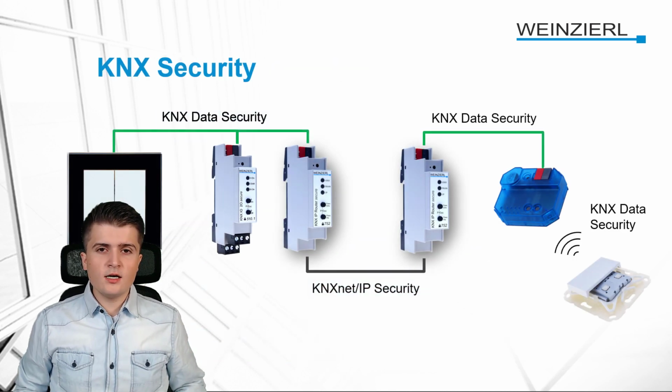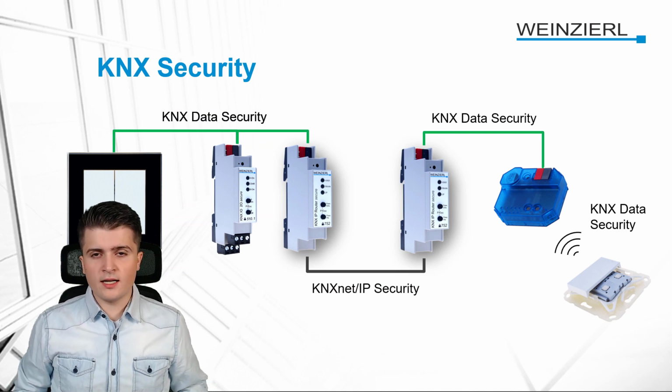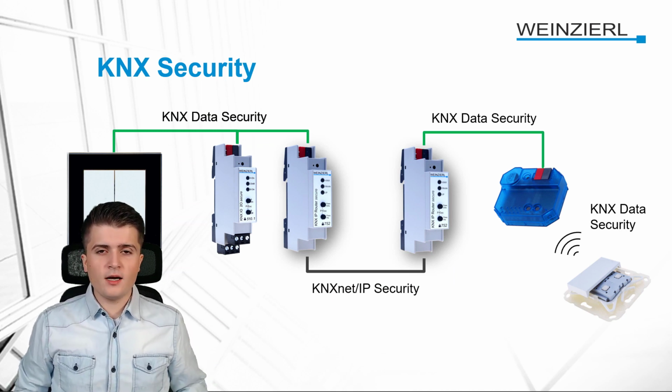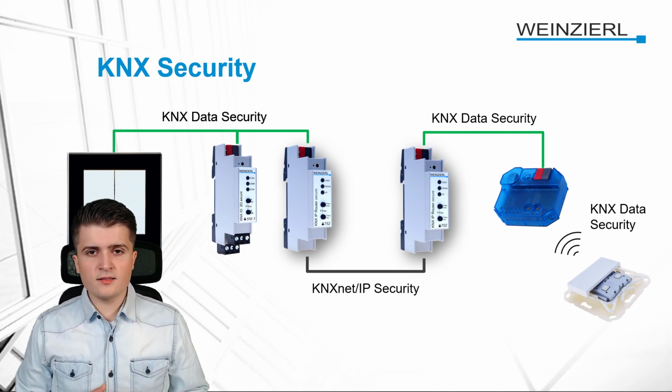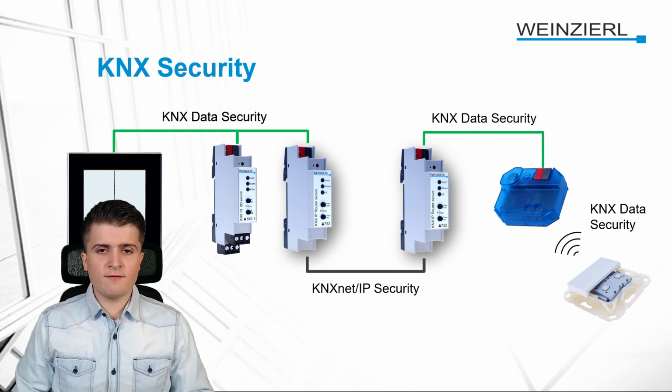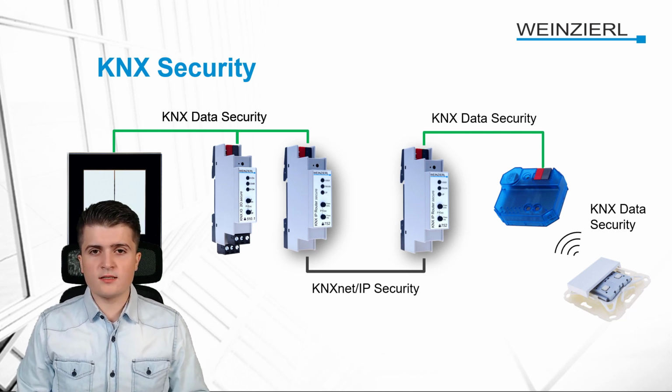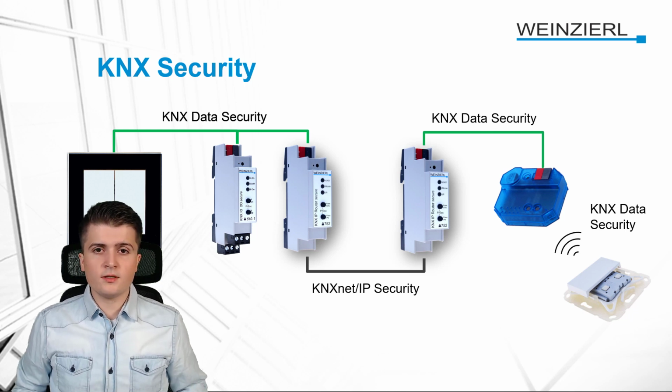Here you can see we have two twisted pair lines, and both of them are connected via KNX IP routers secure. And if we take a look at the devices, we will see that on the left side we have a KNX push button sensor 420 secure. Then we have a KNX IO switching actuator 510.1 also secure.